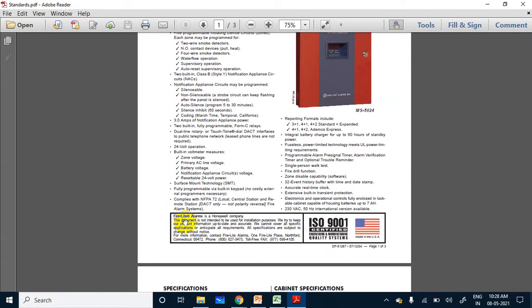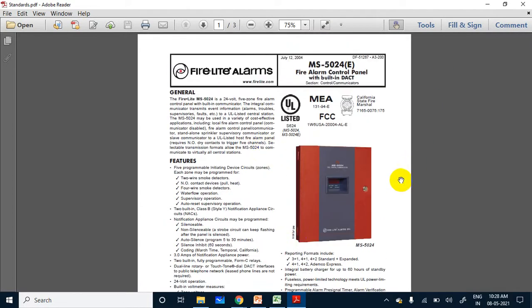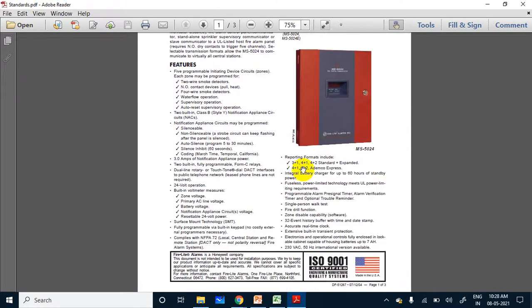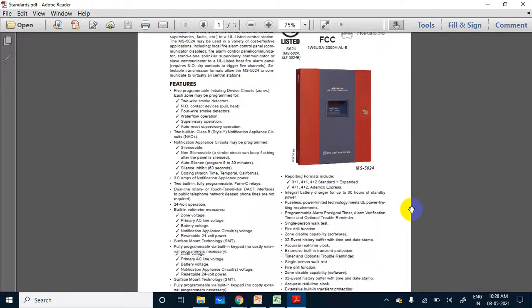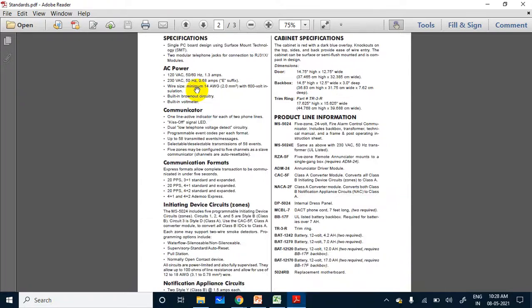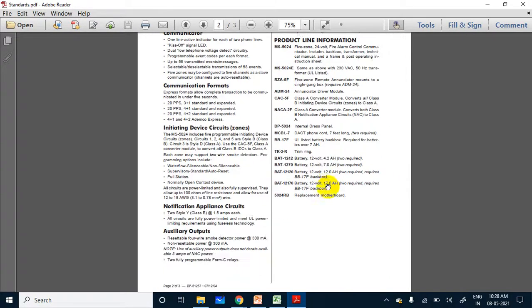Here you see this fire alarm panel, it is from Honeywell company, a US company. They are following ISO 9001 also, but it is a US company, so they are following this standard only. If you are buying this fire alarm panel from Honeywell, they will give this standard specification. By seeing the specification only, we have to operate it. Each and every code specification will be there.